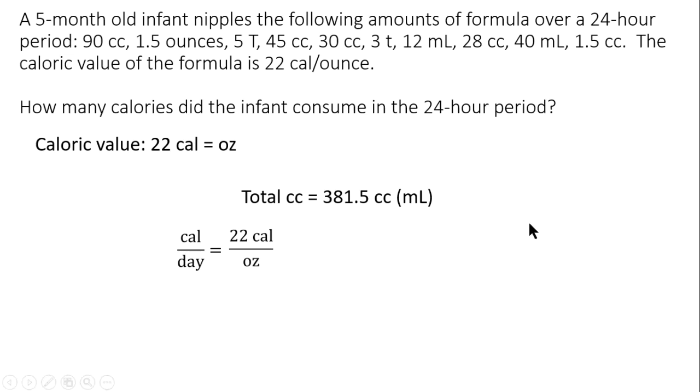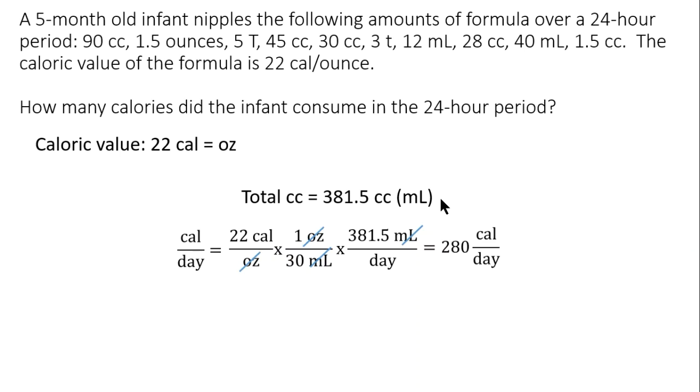Since we can just assume that this is milliliters, we can just directly use the conversion between ounces and milliliters, which is 1 ounce over 30 milliliters times the amount of milliliters consumed, so 381.5 milliliters per day. The ounces cancel out, the milliliters cancel out, and so we multiply 22 times 381.5 and divide by 30, which gives us 280 calories per day that the infant consumed.